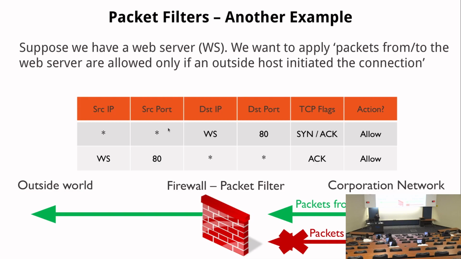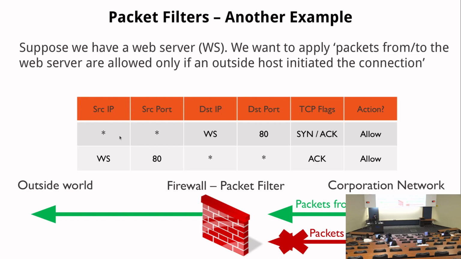Because whoever launches a browser to connect to our website may use any port number on their own machine. Then when their packet goes through some kind of network address translator, the port number may change as well.